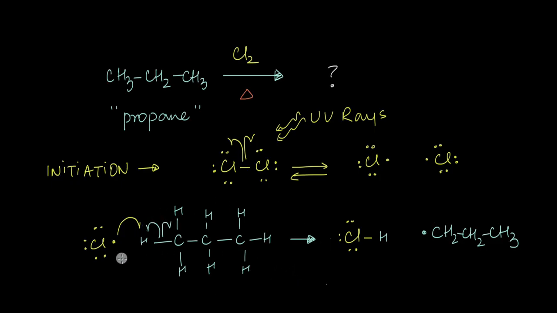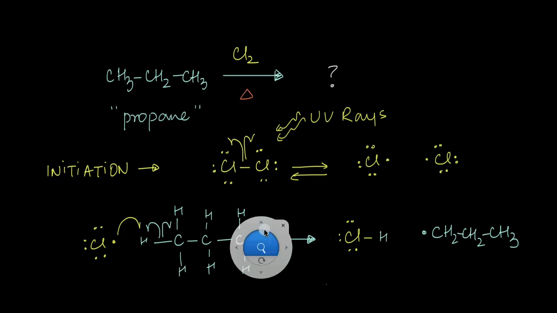So if it abstracts this hydrogen from a propane molecule, then even in this case I'll be left with a CH2CH2CH3 radical, right? So if this chlorine radical abstracts this hydrogen or this one or even this one from a propane molecule, then in all these cases I'll be left with a CH2CH2CH3 radical, right?